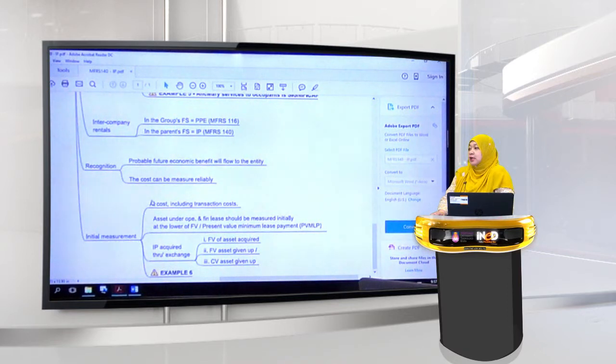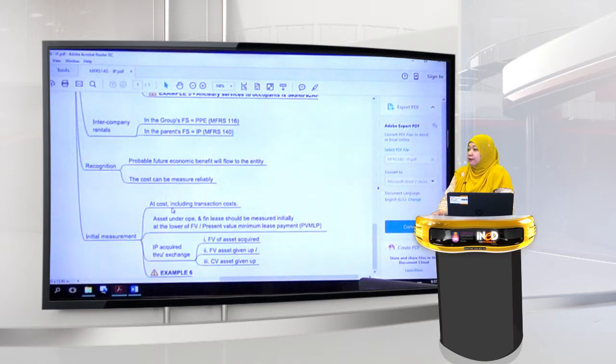That is the cost that we have spent to acquire the investment property. And this includes transaction costs such as legal fees, right? Consultation fees. So all of these transaction costs will be included in the cost of the investment property when we record in the books of accounts.